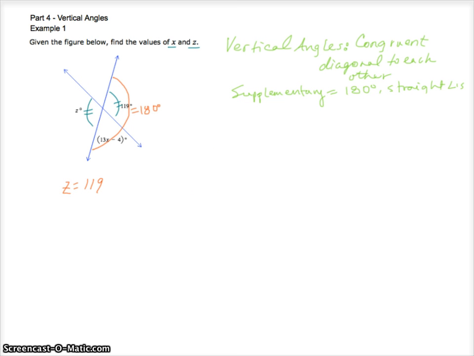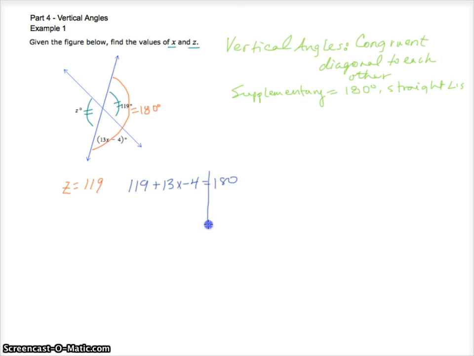Next, I need to find the value of x. And to find the value of x, I need to use the fact that 119 and 13x minus 4 equal 180 degrees. So these two values are added together. So we have 119 plus 13x minus 4 equals 180 degrees.